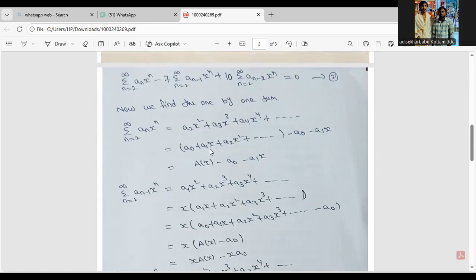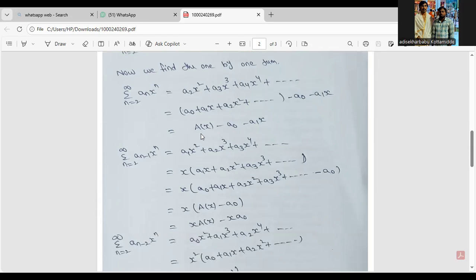A naught plus a1 x plus a2 x squared and so on, minus a naught minus a1 x. Here a naught plus a1 x plus a2 x squared and so on is equal to A of x. So A of x minus a naught minus a1 x is equal to a2 x squared plus a3 x cube plus a4 x power 4. Here the generating function has occurred.